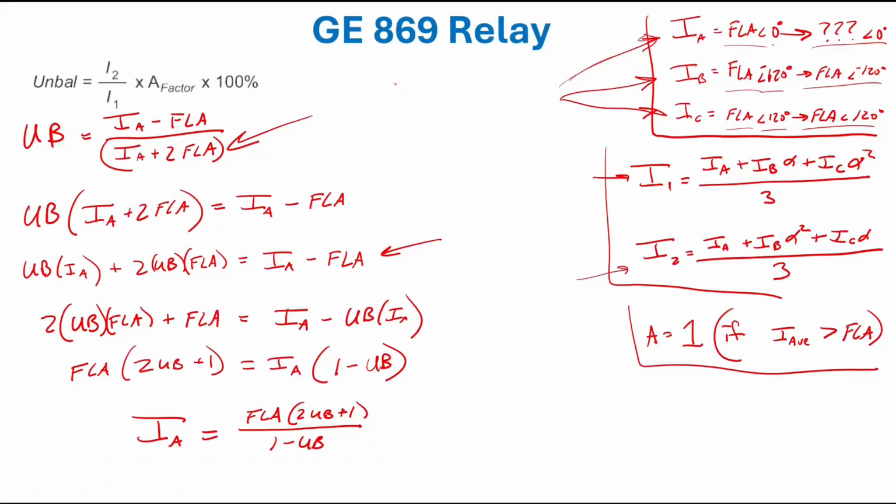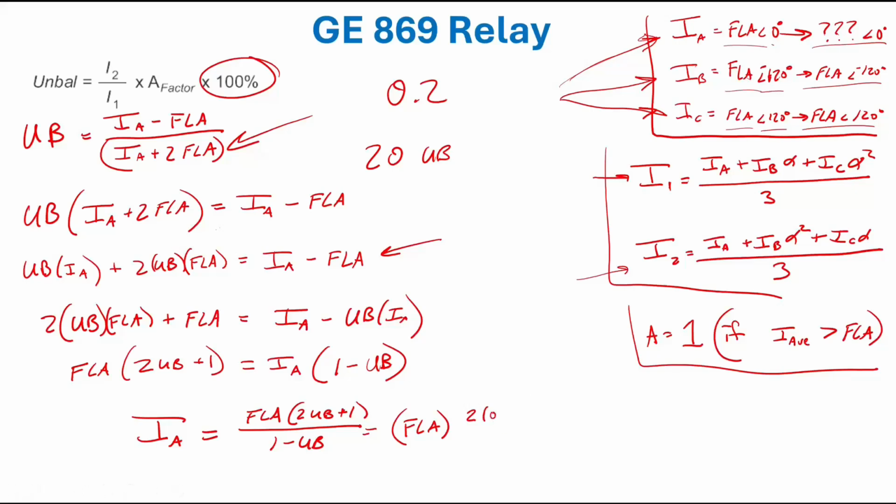And so the default setting is 0.2 or 20%. It'll be 20 UB in the relay, which is what the 100 is here for. So if we had that, this would be FLA. I'm just going to bring this to the outside. So you're going to start at FLA and you will increase it to, well, what magnitude would it be? It'd be 2 UB, which is, UB is 0.2.